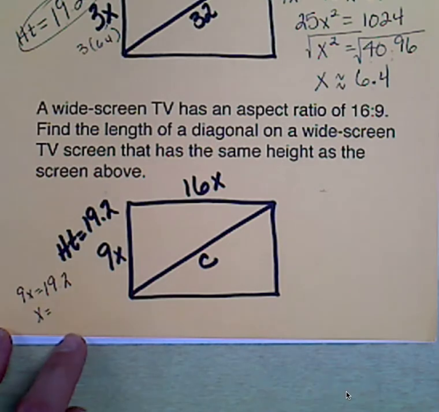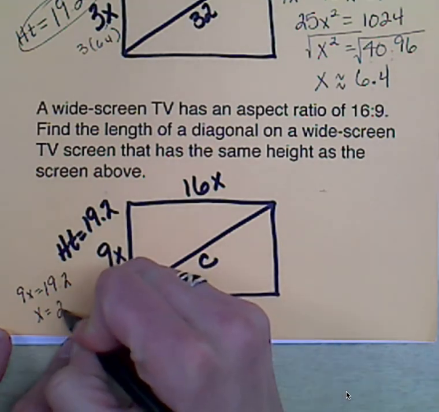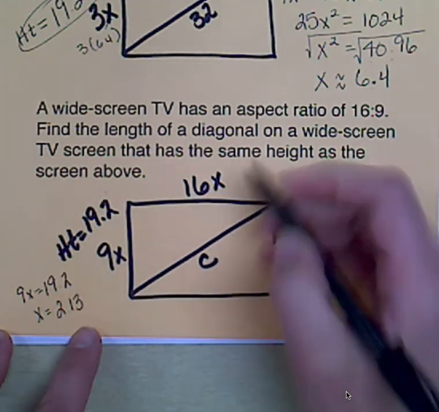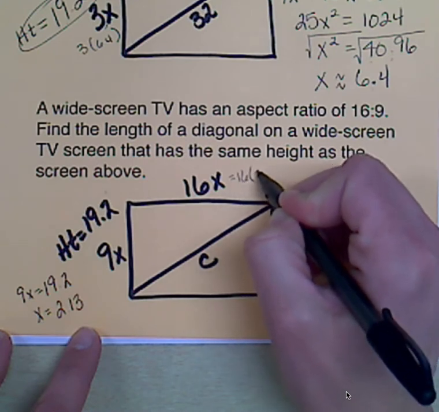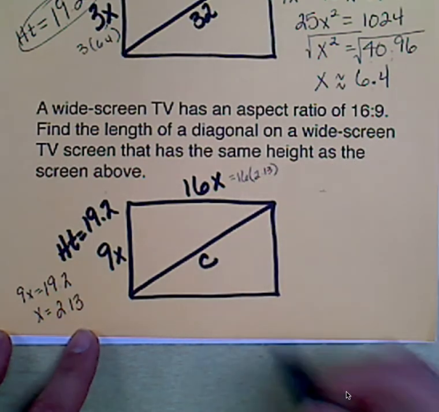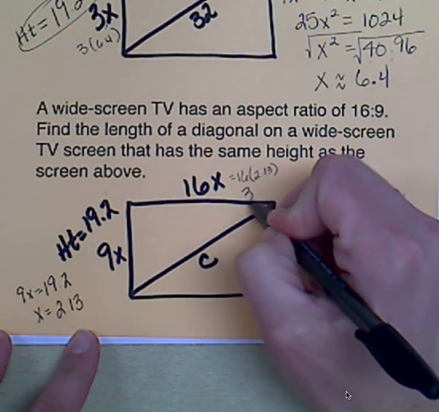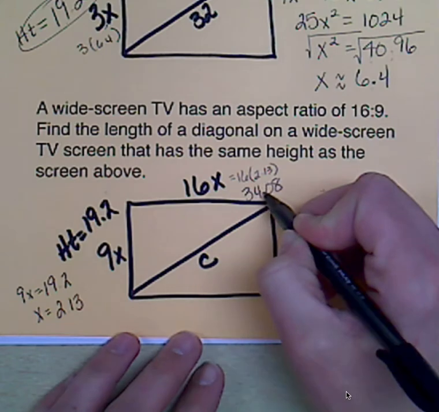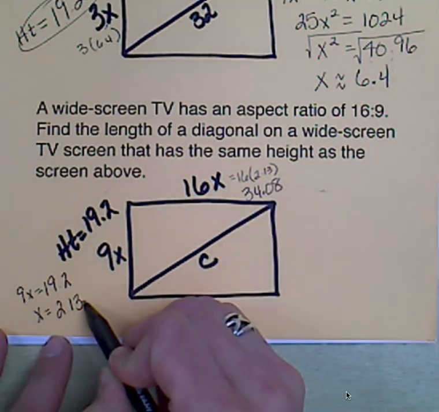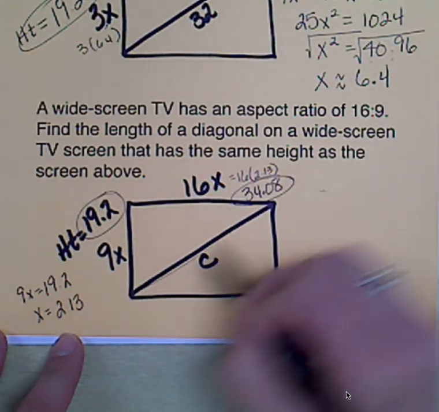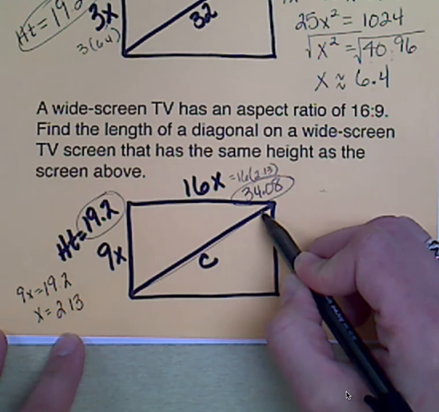When I divide both sides by 9, we end up with 2.13. So I'm going to plug in 2.13 here. And 16 times 2.13 gives us 34.08. So now I know that my height is 19.2, the width is 34.08. I have enough now to do the Pythagorean theorem to find C.